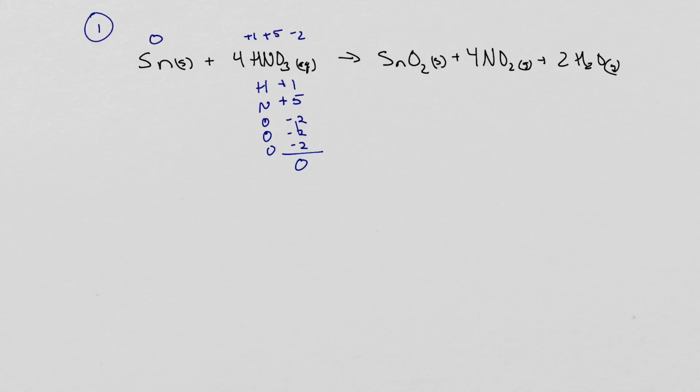Now we go to tin oxide. We have tin, oxygen, oxygen. So the oxygen by rule is going to be -2. Now we don't have a rule for tin, but again, we know it has to add up to 0. So the tin has to be +4. We have NO2.